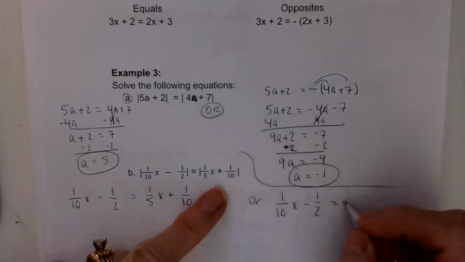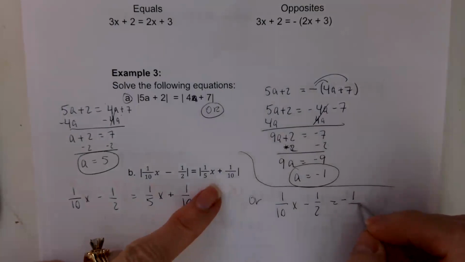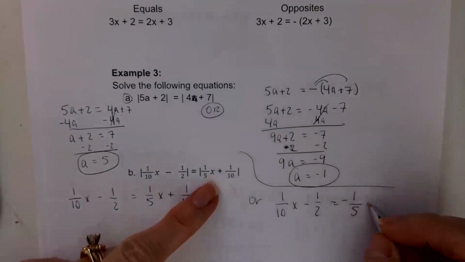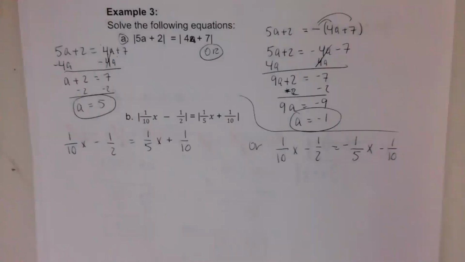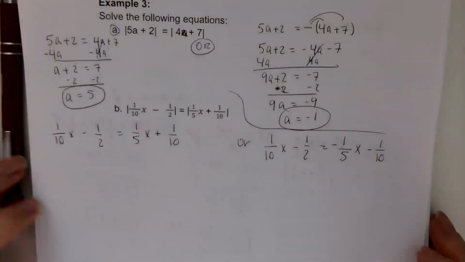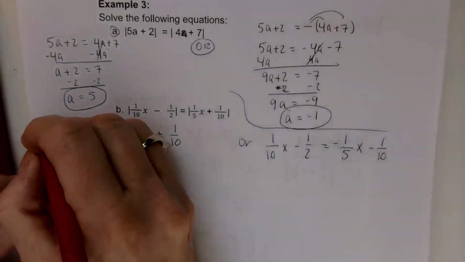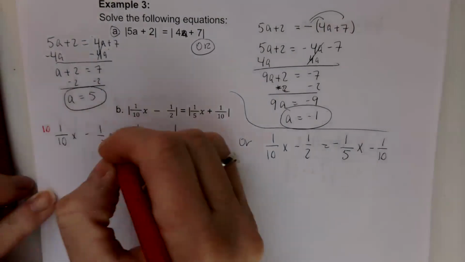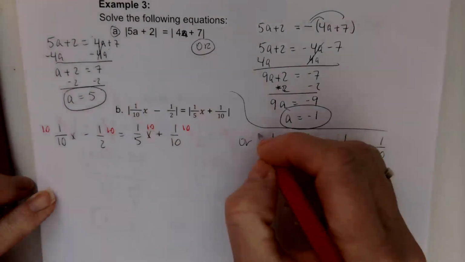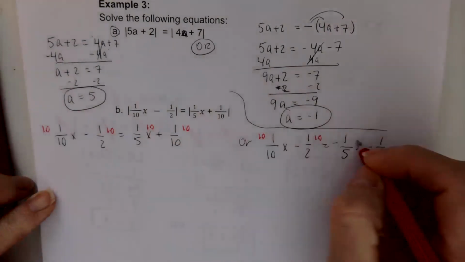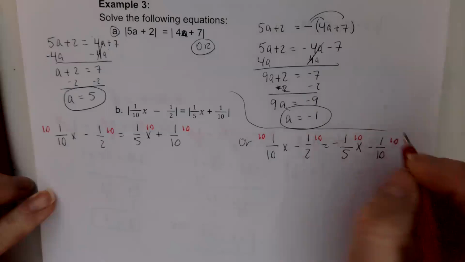To save space, I'm just going to multiply through by the negative. So negative 1/5 x minus 1/10. That's the opposites. I'm going to multiply through by 10 because 2, 5, and 10 all have 10 as a multiple. That's going to work for both equations.